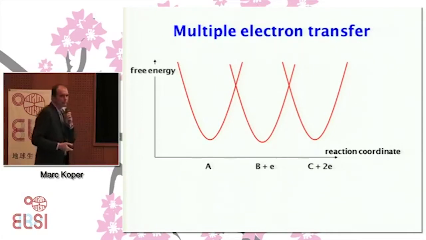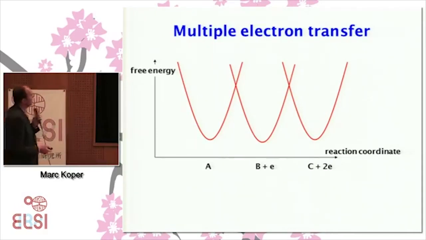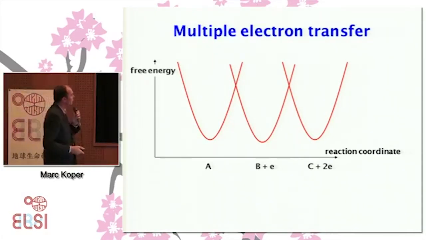Just the same thing, but now in a way that maybe you recognize from the Marcus theory. In the Marcus theory, we have these different oxidation states of the system. We draw the free energy as a function of the reaction coordinate. We have these parabolas. This is the initial state of the system. This is the final state. And this is our intermediate state. Now you can see that if we try to transfer 2 electrons simultaneously, the activation energy here is going to be the intersection of these 2 parabolas.